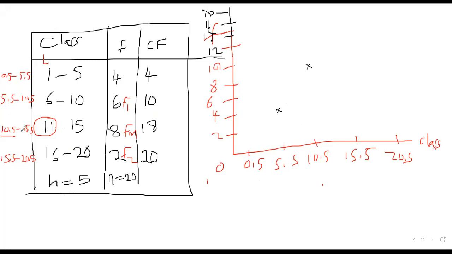So 15.5 against 18, and 20.5 against 20. All right. So you are seeing how the curve is looking already. This is the cumulative frequency.